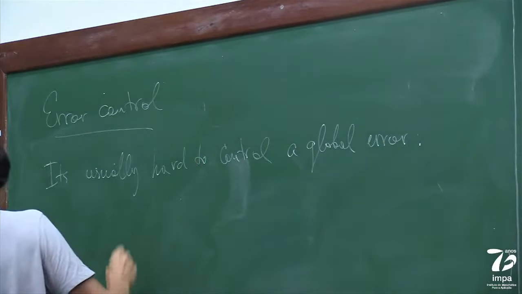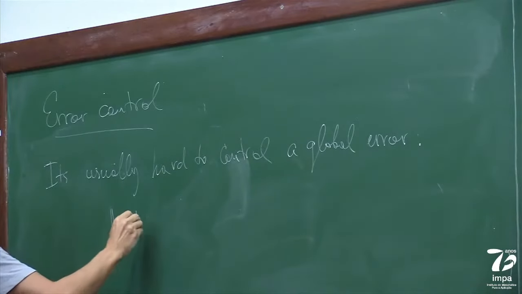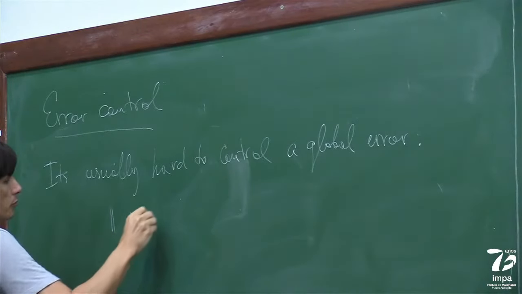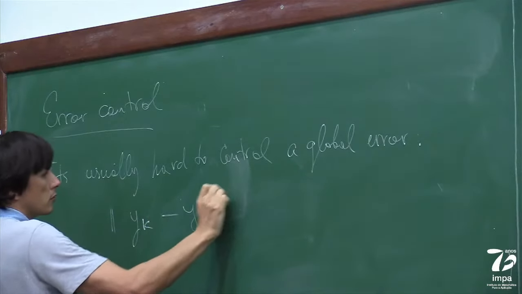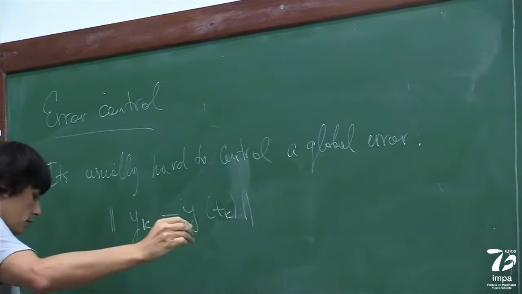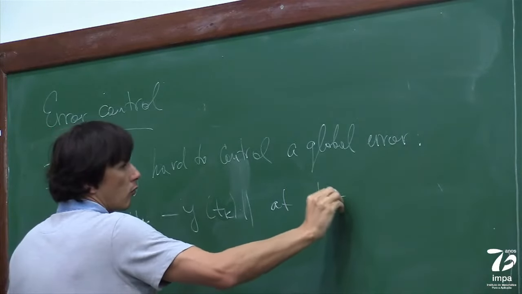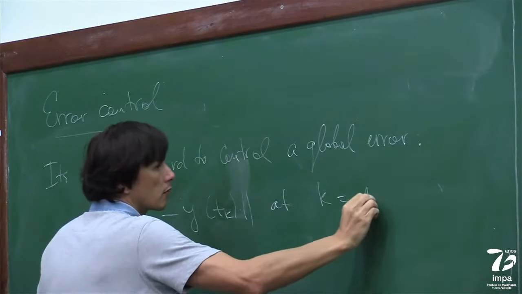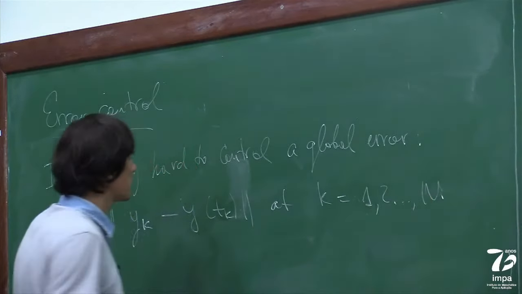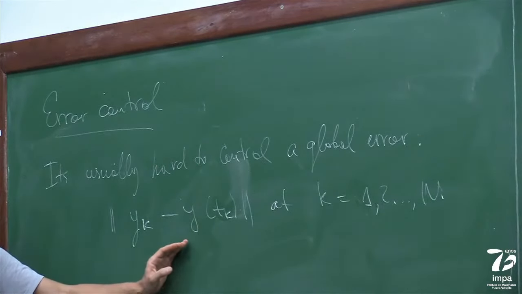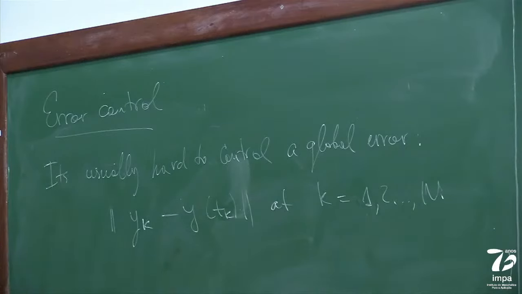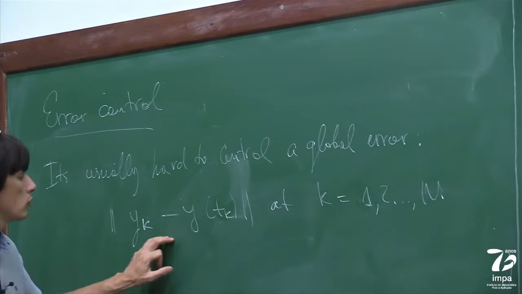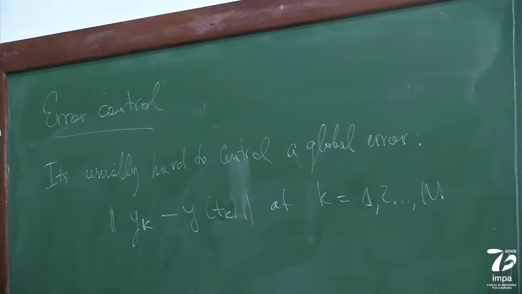So it means controlling the difference between the computation and exact value at all points of the computation. So usually controlling this quantity is difficult. Especially because, as you remember, error can grow not only because of the computation, but because the error that you obtain at every step evolves with time.